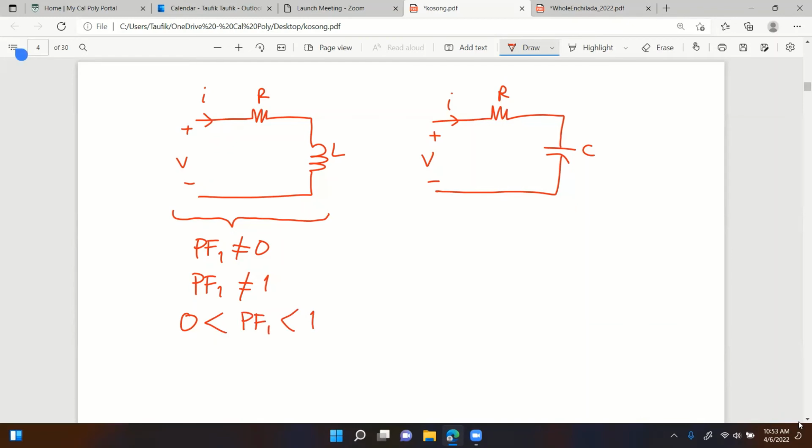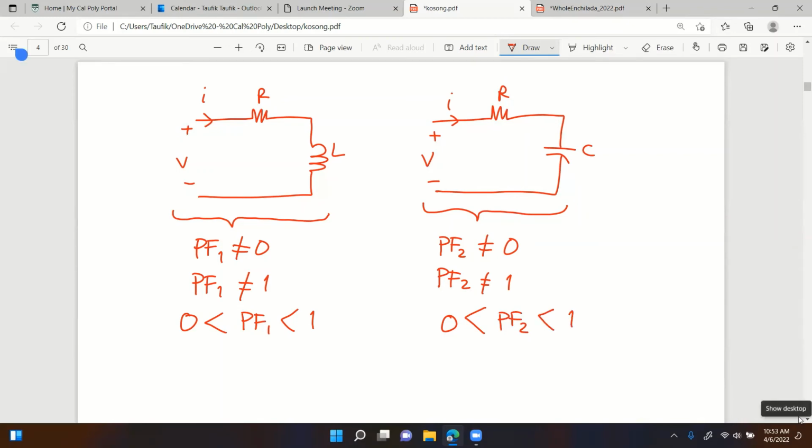By the same token, I can also say the same thing for the right circuit. The power factor for circuit number 2 is not going to be equal to 0 because there is R right there, and it cannot be 1 as well because there is C in there, right? So again, for the right circuit, if I have to guess, and it will be true, power factor 2 must be between 0 and 1, right?